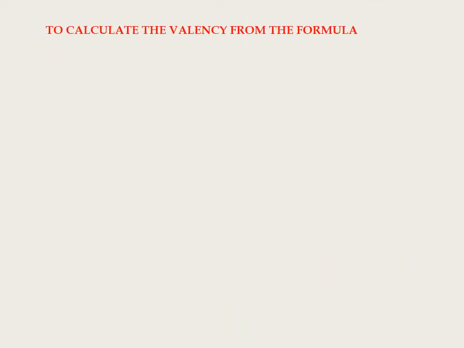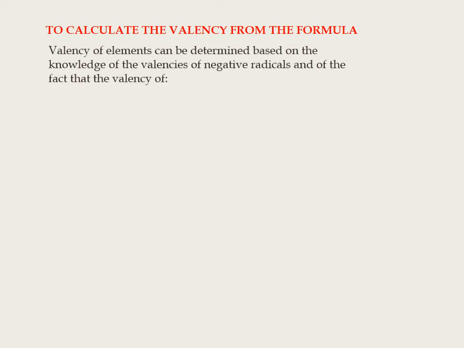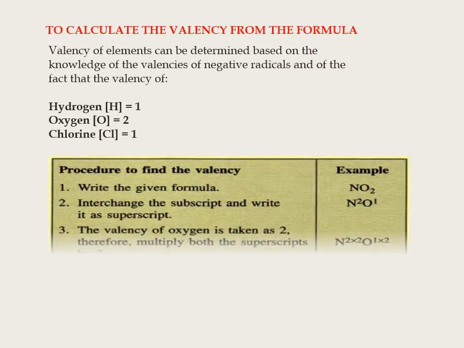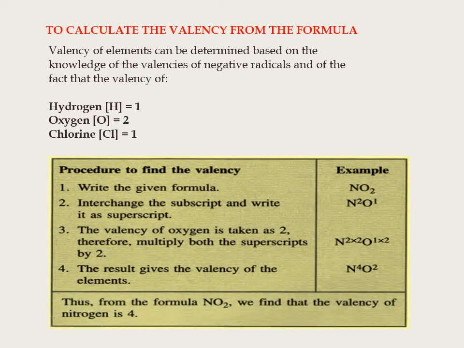To calculate the valency from the formula, the valency of elements can be determined based on the knowledge of the valencies of radicals and of the fact that the valency of hydrogen H is 1, oxygen O is 2, chlorine Cl is 1. In the table below, you will find the procedure to find the valency with an example.